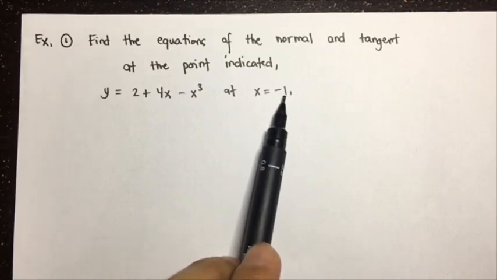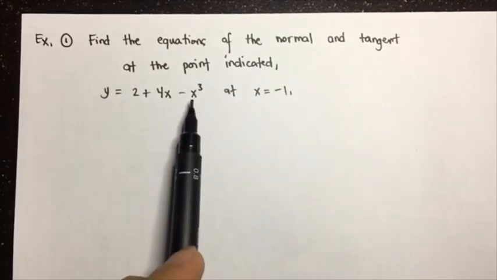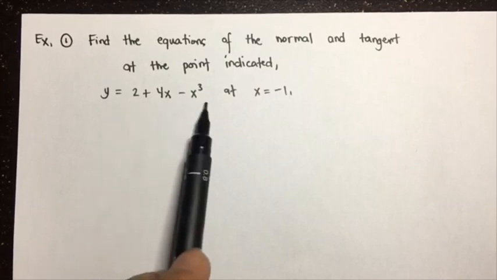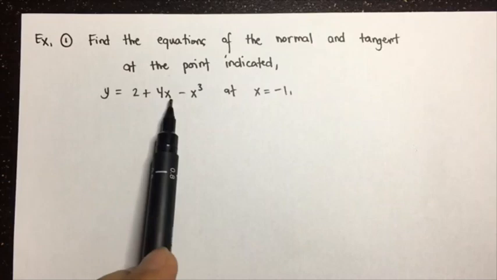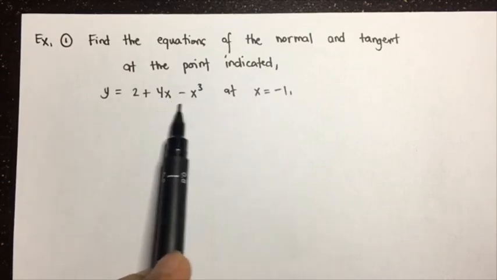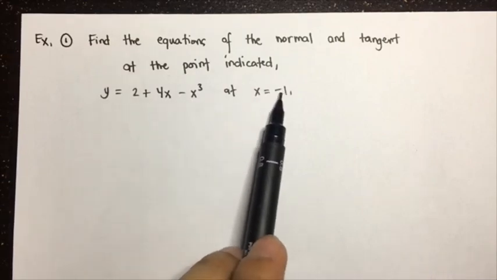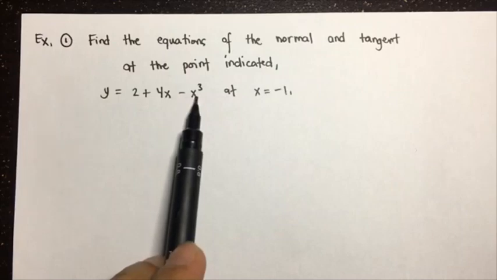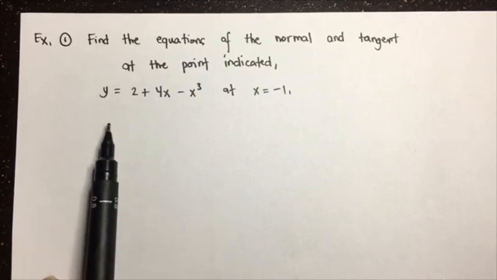We are not given y, but we are given the equation of the curve. Given x, we can also solve for y, because x equal to negative 1 lies on this curve. So if we substitute x equal to negative 1 here, we will obtain the y coordinate of the point of tangency.